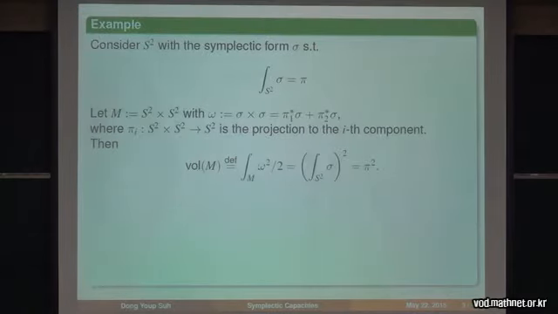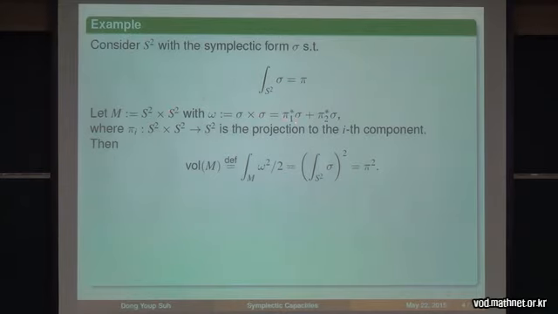Now let's consider this example. S2, the standard sphere, with a symplectic form such that the integration of this symplectic form on S2 is, let's say, pi. Now consider M to be the four-dimensional manifold S2 times S2 with the product symplectic form, that is, sigma cross sigma.